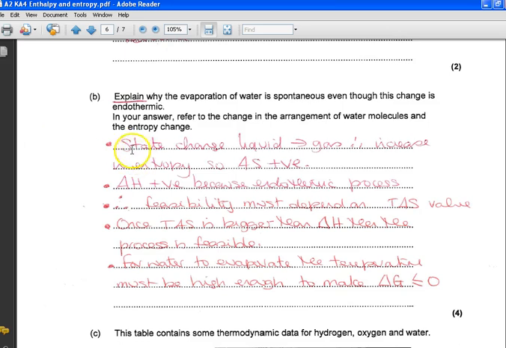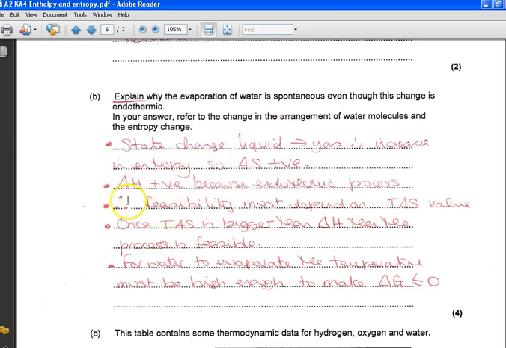We're looking at the change in state, going from a liquid to a gas, which will mean that our delta S is positive. This is endothermic, so we know that delta H is also positive, so it's not going to be straightforward that it's always going to work.